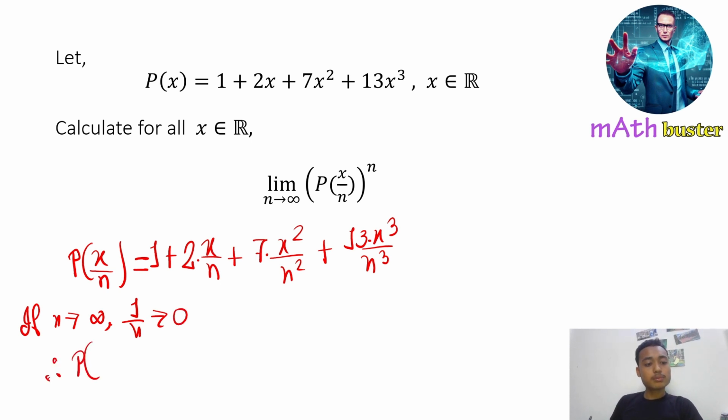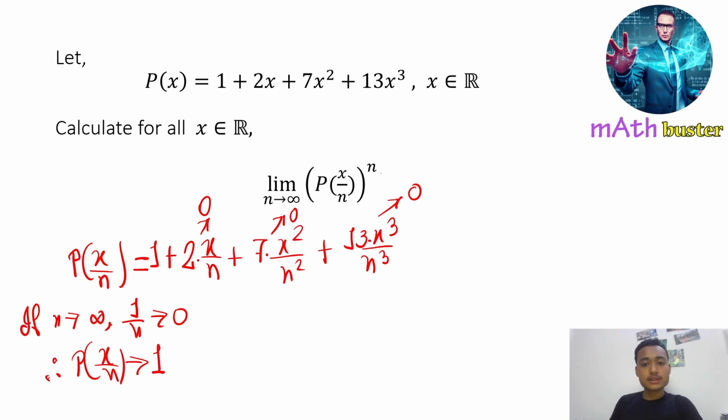Therefore, p of x by n will tend to 1, because as 1 by n tends to 0, this term will become 0, this term will become 0, and 1 will be the same as 1. So p of x by n will tend towards 1 when n tends to infinity.